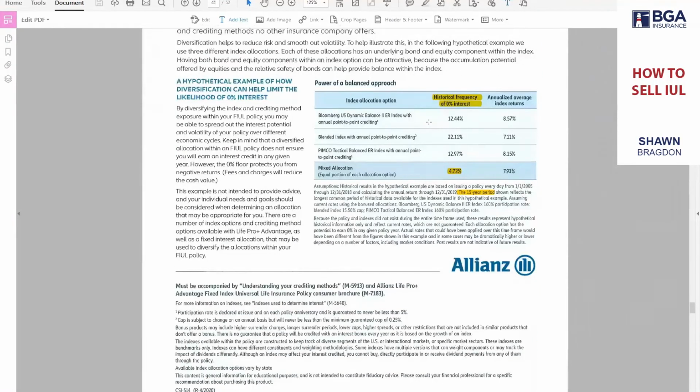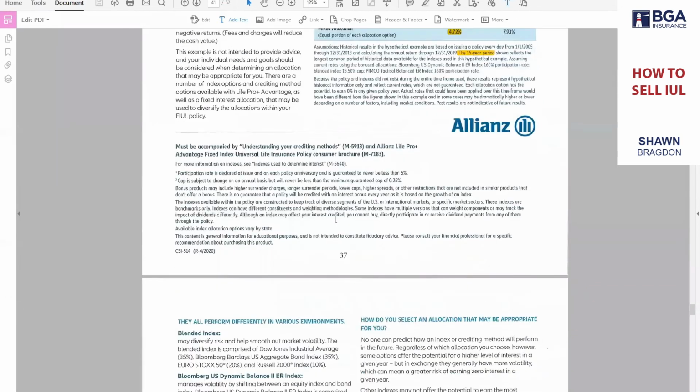This is an Allianz report that shows over the last 15 years, if you diversify between these 3 index strategies, your odds of getting a 0 in any one year was 4.72%, and your average return over that time frame was 7.93%. Pretty compelling return.